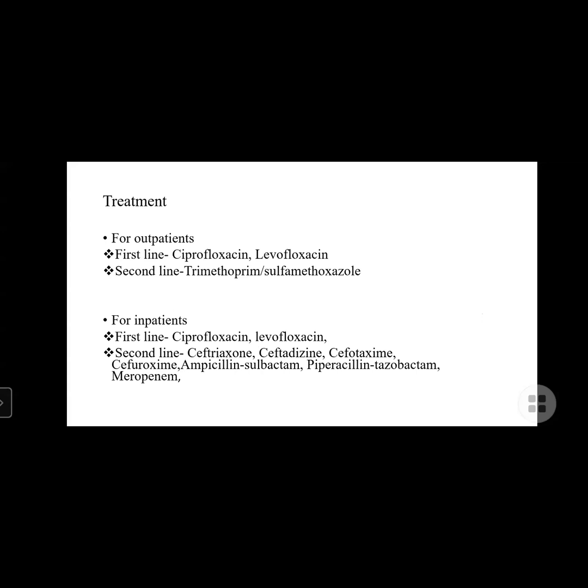For second line, we usually go in for the third generation cephalosporins, since most of the organisms involved are gram-negative organisms. So either ceftriaxone or ceftazidime. Others also go in for the second generation cephalosporins, such as cefuroxime. We can also give ampicillin-sulbactam, piperacillin-tazobactam, or meropenem.